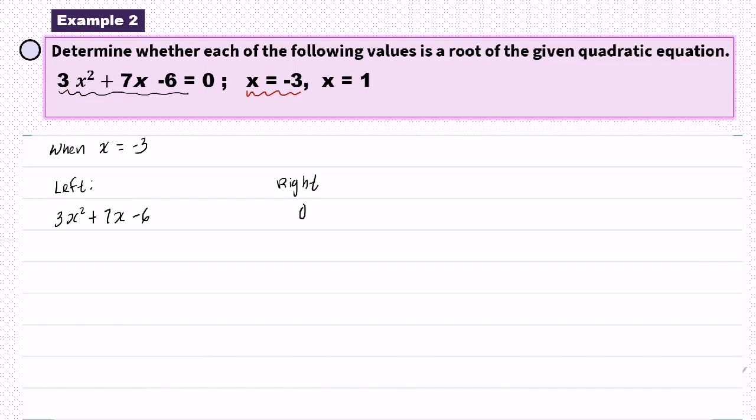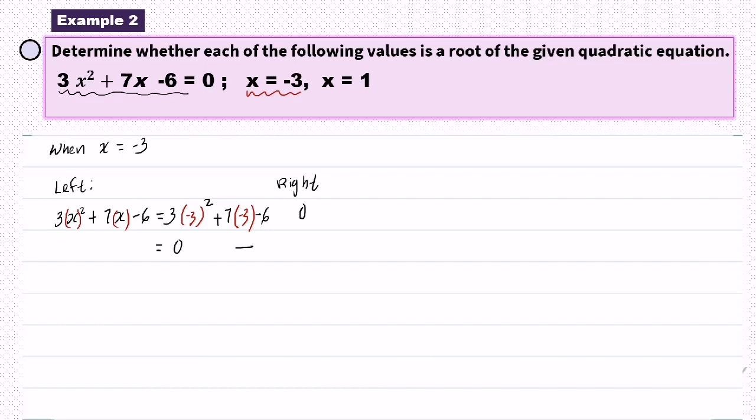Now we need to substitute the value of x into here. 3 times negative 3 squared plus 7 times negative 3 minus 6. By using calculator, it equals 0.